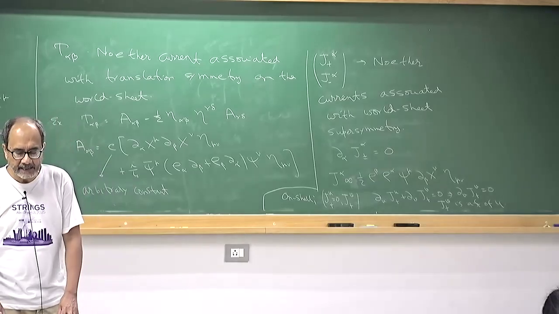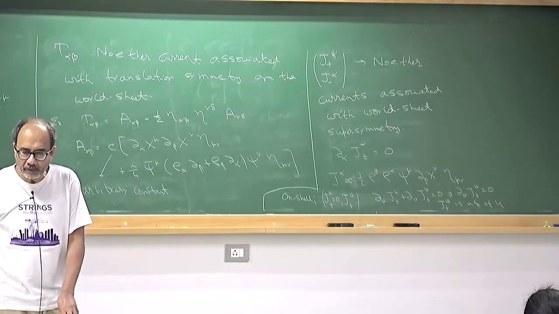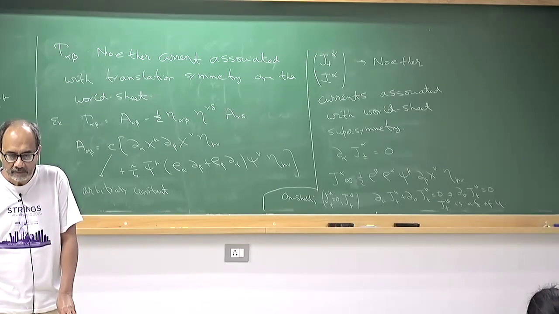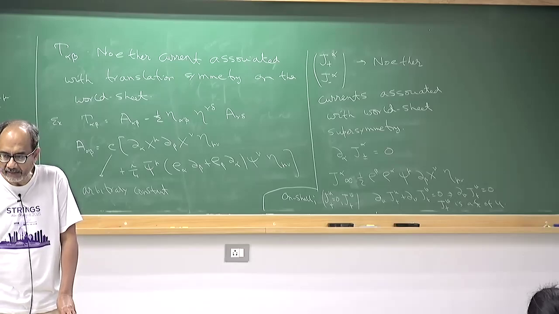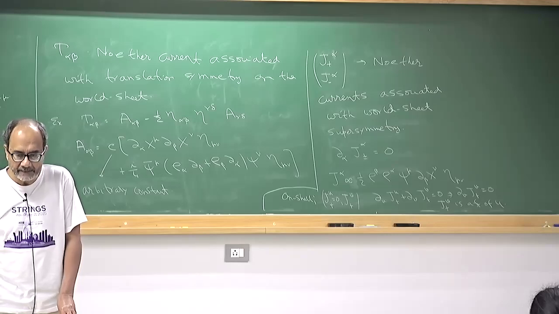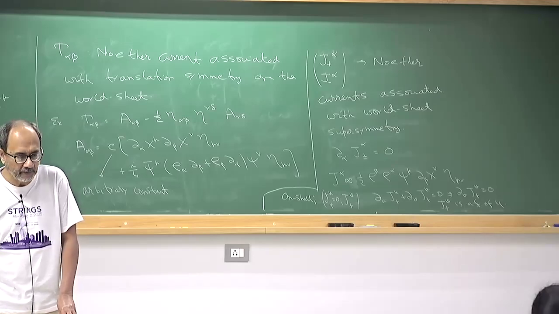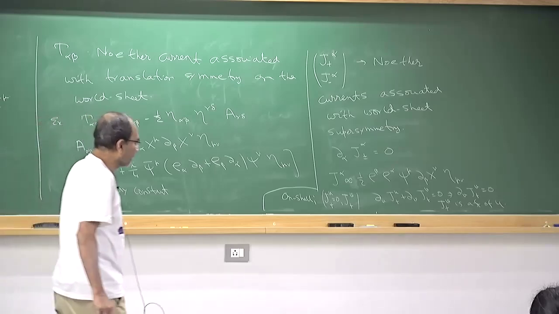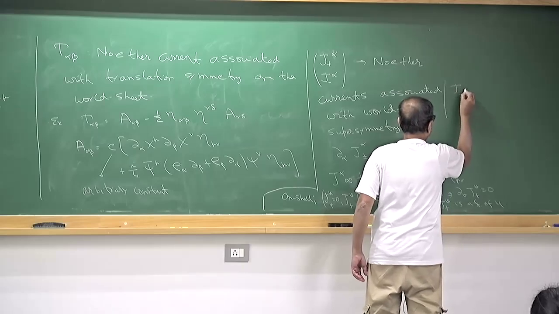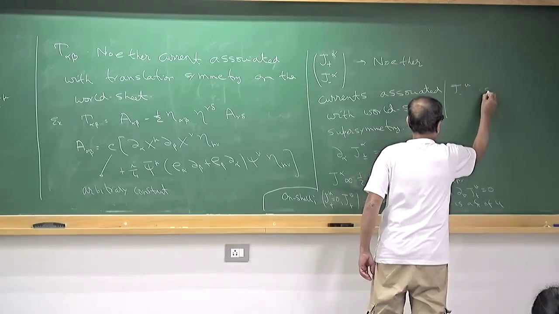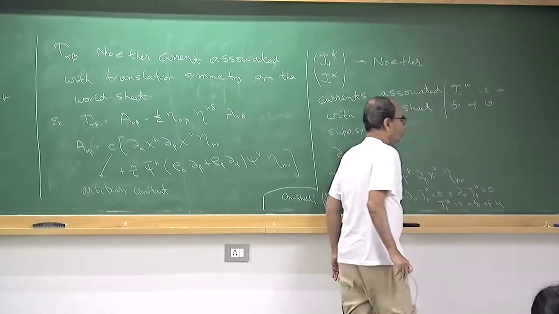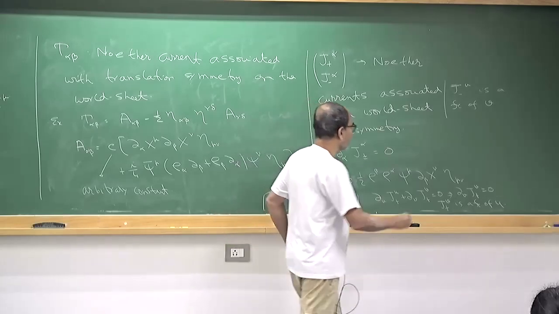This is the analog of the statement that T lower UU is a function of U, because Virasoro generators had better be analytic. This translated to T ZZ being a function of Z only. So J plus V is a function of U, and similarly J minus U is a function of U, and J minus V is 0.